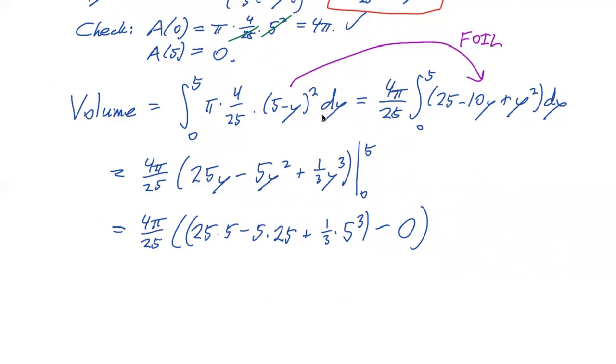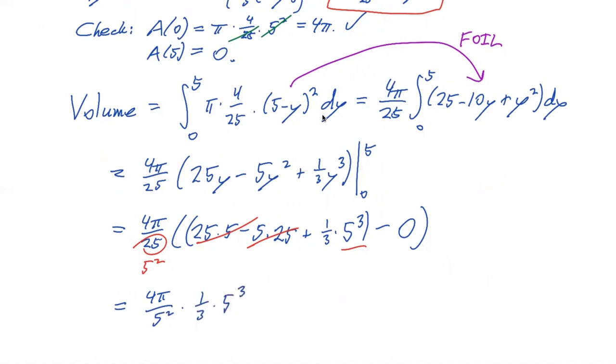There's some interesting stuff that goes on here. It actually simplifies quite drastically. 25 times 5 and 25 times 5 go away. We've got a 5 cubed here and a 5 squared here. And so we get 4 pi over 5 squared times 1/3 times 5 cubed.